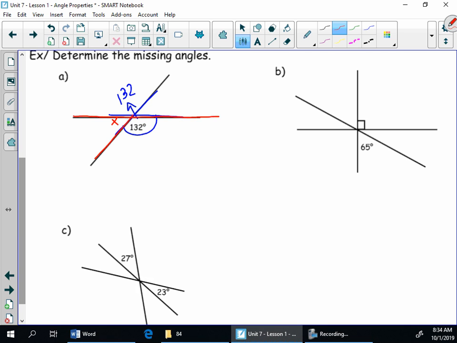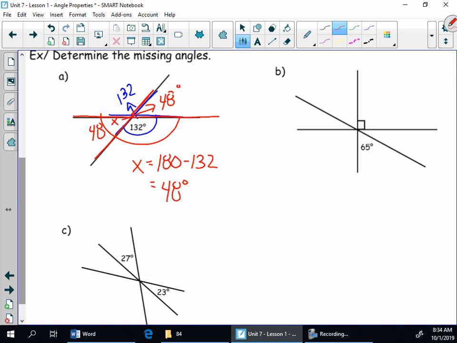Can't I figure out the missing piece right here? Because this is 180 degrees. So if I take 180 and I subtract 132, I get 48 for x. This is 48. Well, if that's 48, so is this one, because it's across from x.